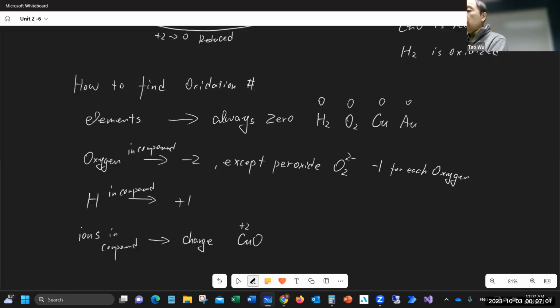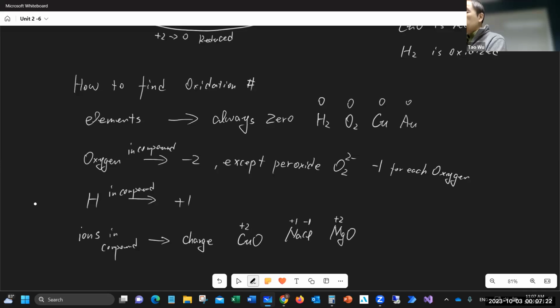And we talk about sodium chloride. The sodium ion over here is +1, and the chloride ion is -1. So the oxidation number is just +1, -1. Magnesium oxide, magnesium is +2, so that's just +2.